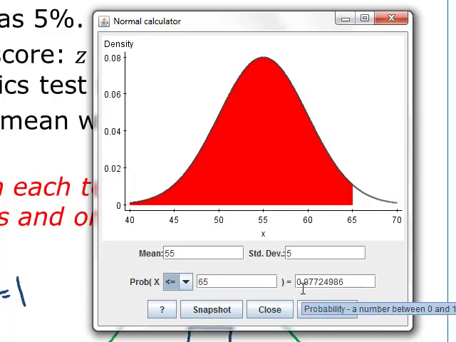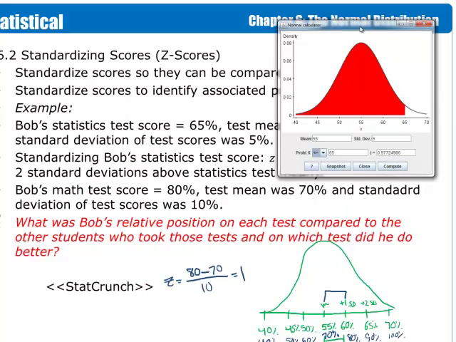So again, it depends on how you're looking at it. If you're looking at it from the highest scores, you can say he's in the top roughly 2 percentile, or you could say that he scored higher than nearly 98% of the rest of the class. Now let's look at Bob's math test score. Again, we have a different situation, so we have to set it up for the situation that we're considering.